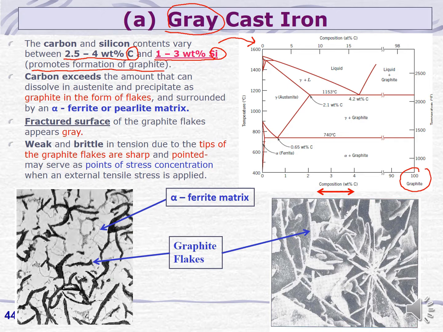Carbon exceeds the amount that can dissolve in austenite and precipitates as graphite in the form of flakes, surrounded by an alpha ferrite or pearlite matrix. The formation of alpha ferrite or pearlite matrix depends on the cooling rate.